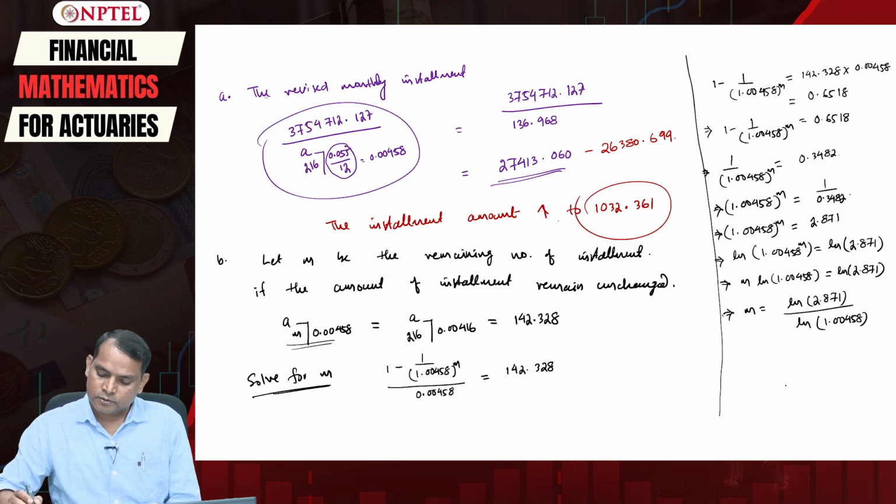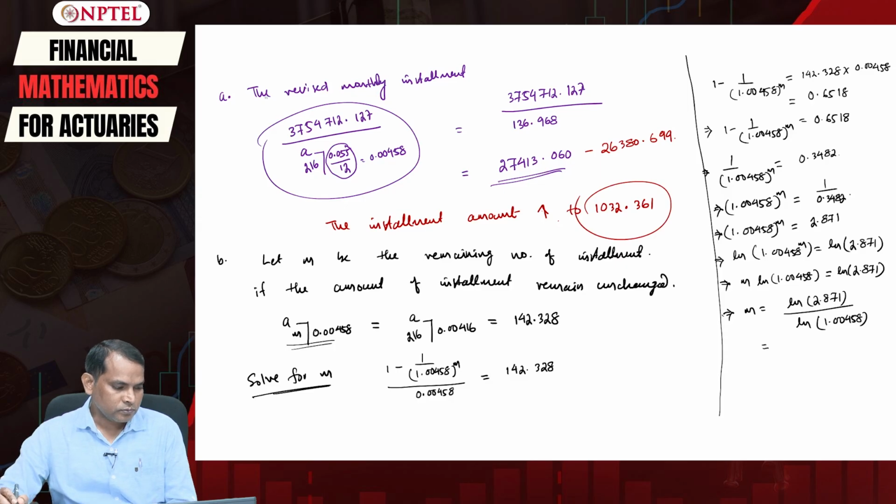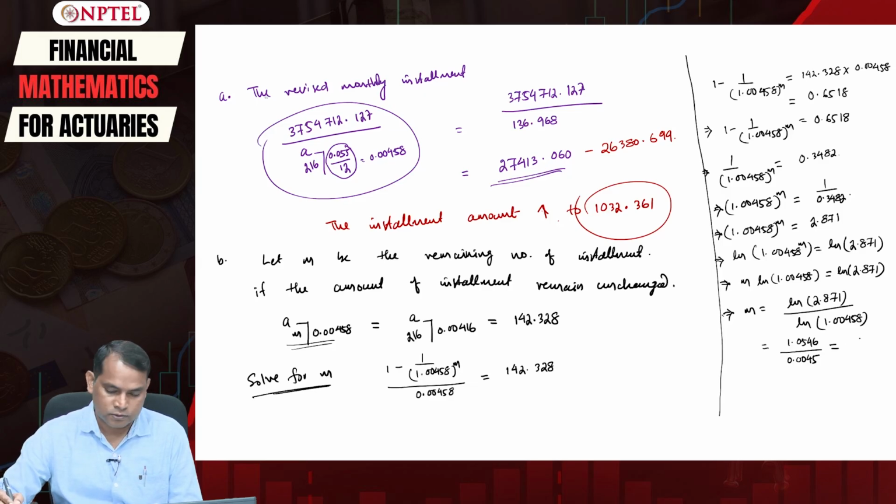Okay, now use your calculator to get the log of 2.871 and log of 1.00458, and you will get the value 1.0546 divided by 0.0045, and then we will get 234.3.